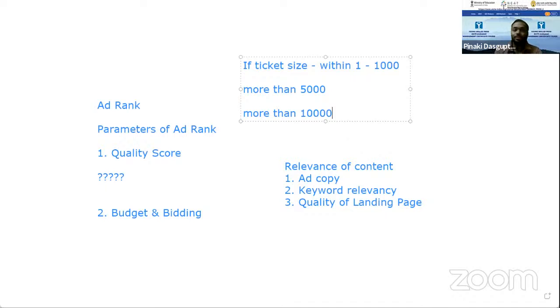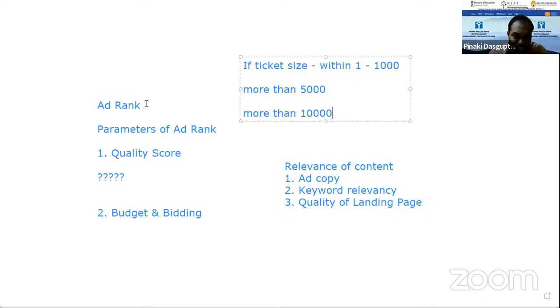Other than the budget, there is another thing, that is bid strategy. Earlier we have discussed this bid strategy in the earlier classes. There are some different kinds of bid strategies. I have also explained how the auction works. So both the things, quality score and the bid amount.